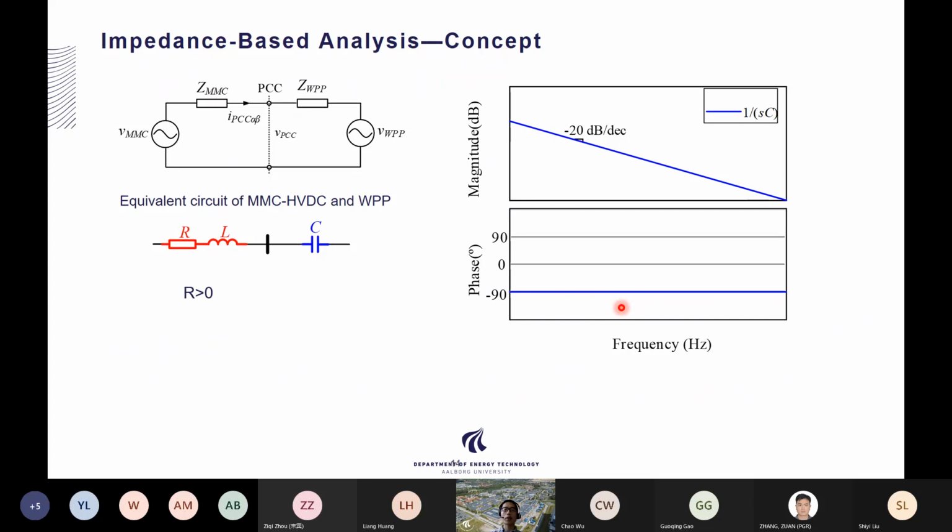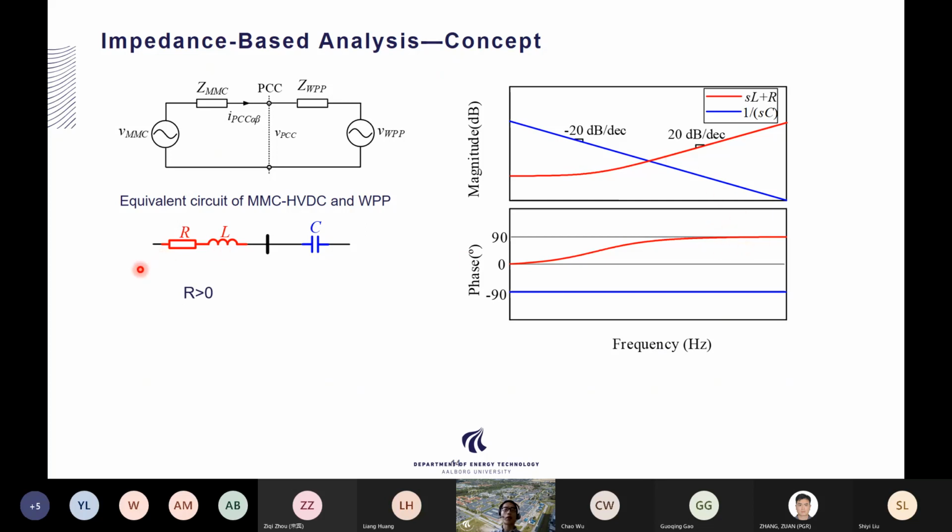And for this RL circuit, if the resistor is larger than 0, the Bode diagram has this profile: in the low frequency range, the impedance behaves like a resistor, so its phase angle is close to 0, and in the high frequency range, the impedance is dominated by the inductive behavior, so the phase angle is close to 90 degrees.